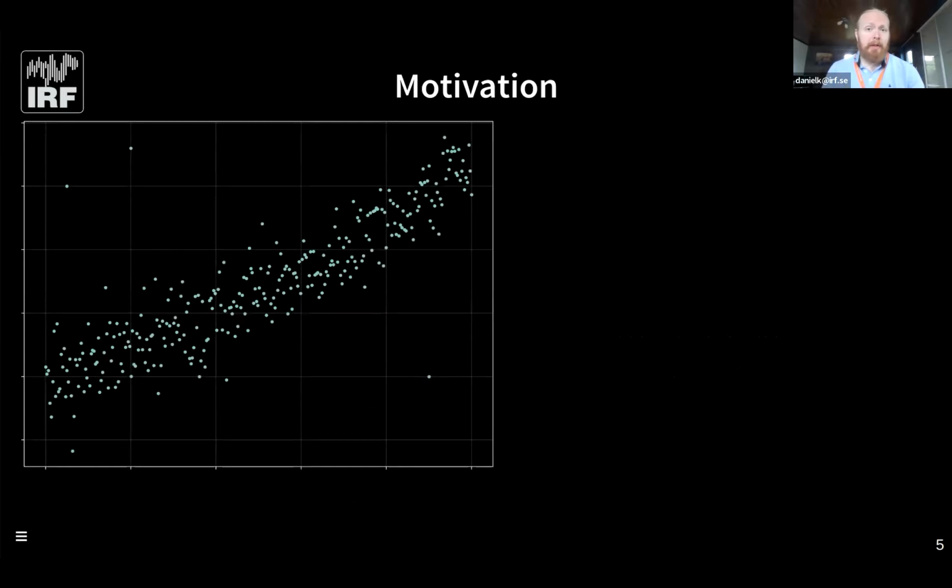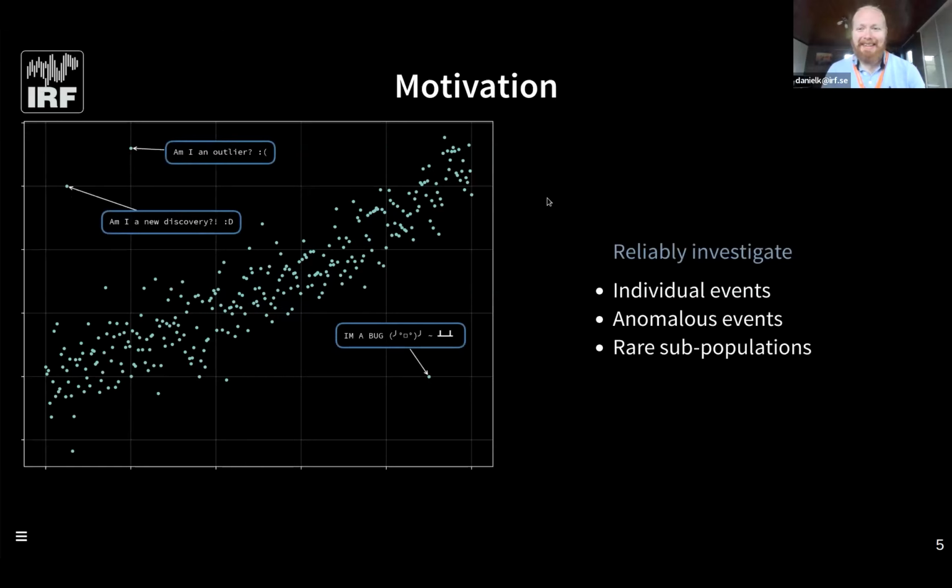Talking about individual events, here I made a sample plot where you have a nice distribution. This is just to explain the point. You have this nice distribution, and then you have these points here that are just outside of everything. We wanted to reliably investigate individual events. You can say, well, this is a bug, and you flip the table and have to fix your code.